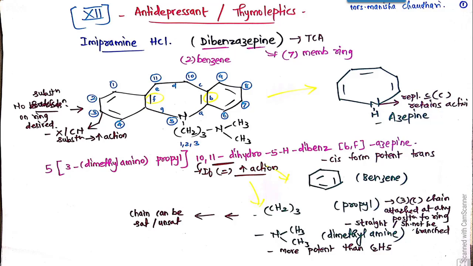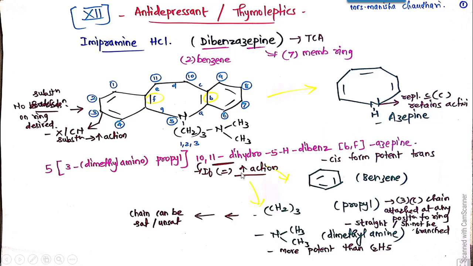So it is 3-dimethylamino propyl, bracket complete, 10-11 dihydro, 10-11 is saturated, CH2 CH2, and 5H, hydrogen at the fifth position. If it were not imipramine, the hydrogen would be replaced with dimethylamino propyl. So it is 5H dibenz BF azepine.